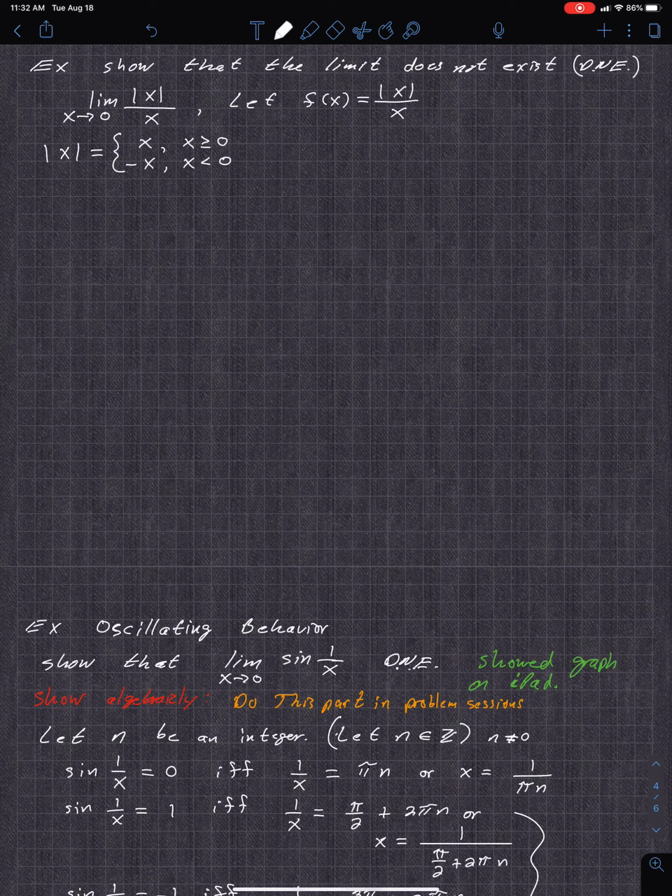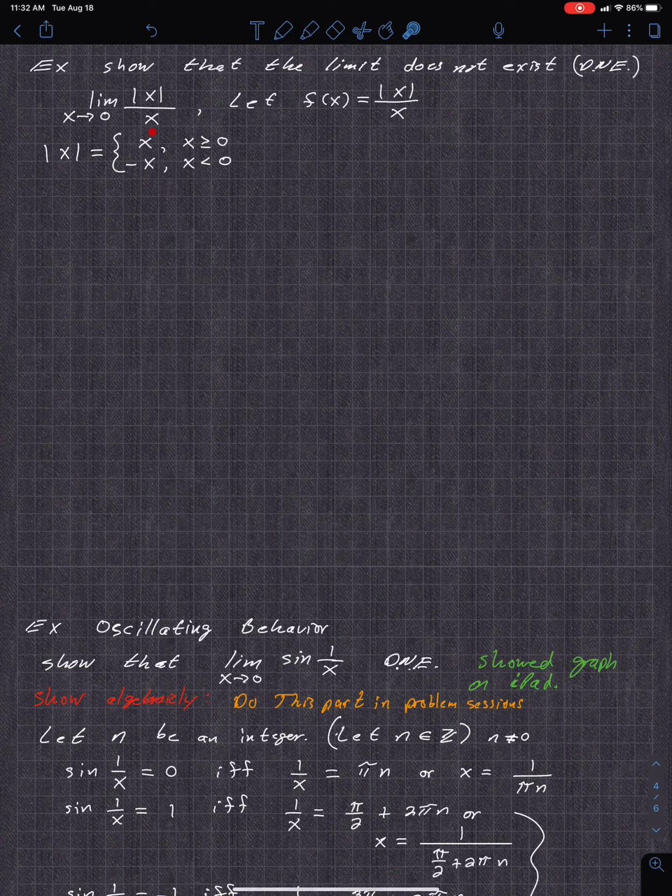So let's first recall that absolute value of x can be defined in a few ways, but for us, we want to define it as a piecewise function. So it is just x if x is greater than or equal to 0, and it is negative x if x is less than 0.